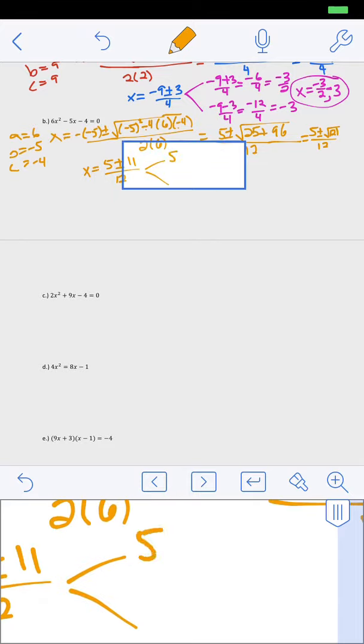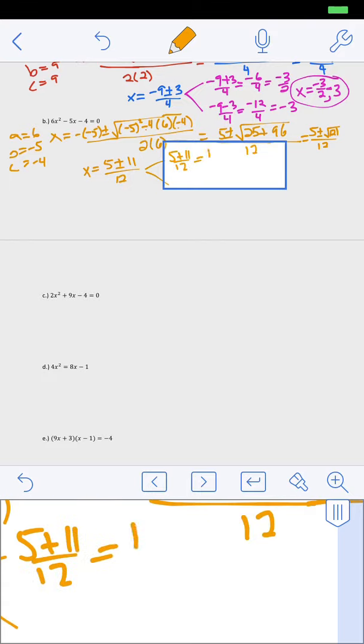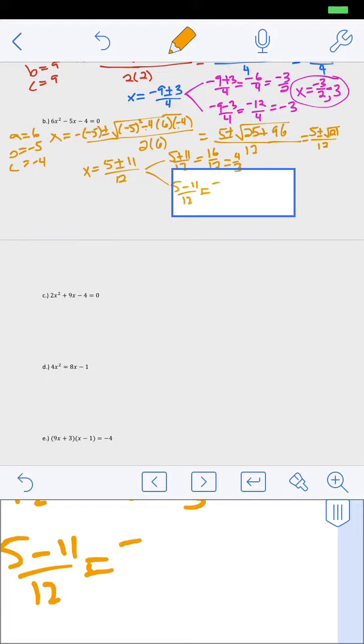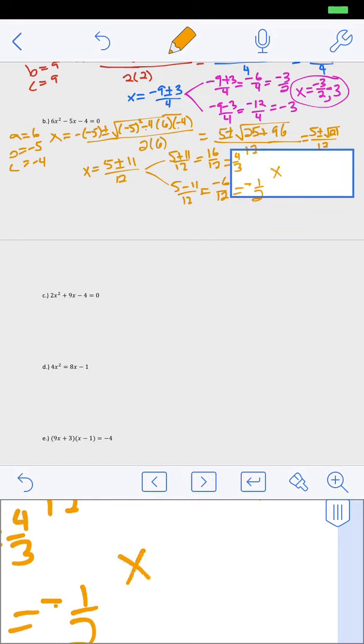So 5 plus 11 over 12 is equal to 16 over 12. I can reduce by 4 to get 4/3. And then I also have 5 minus 11 over 12, which would be negative 6 over 12, or negative 1/2. And so my two answers, x equals 4/3, comma, negative 1/2.